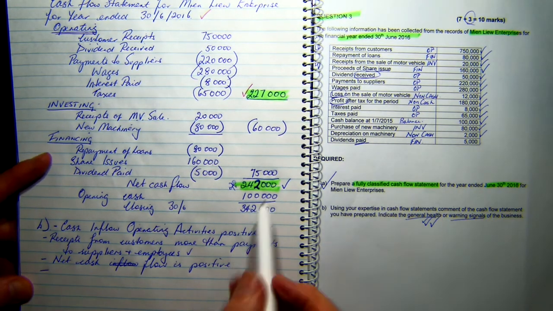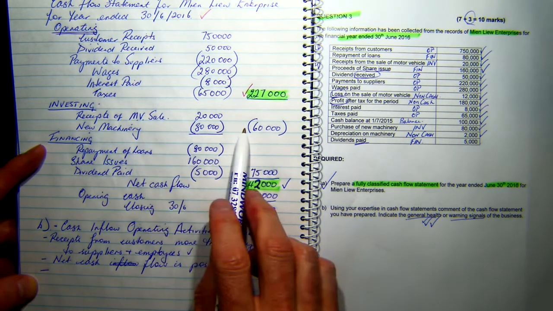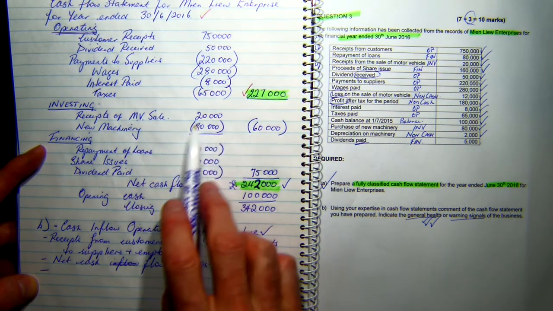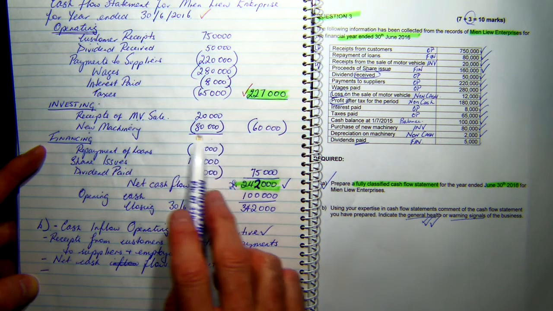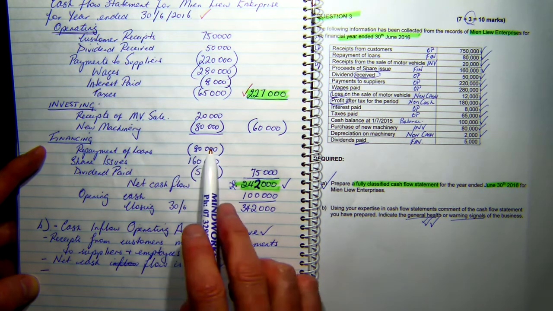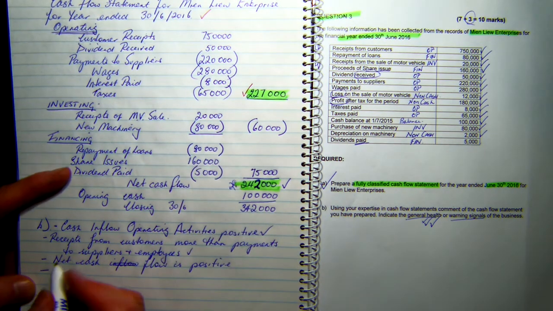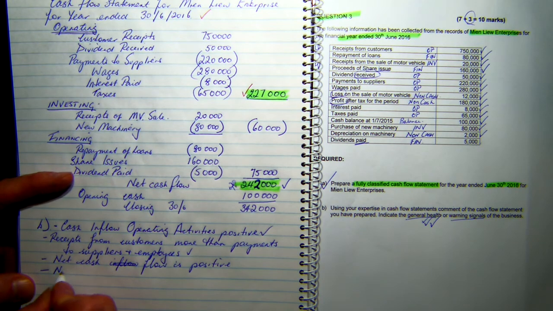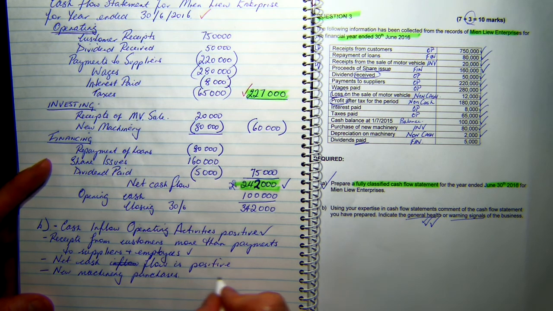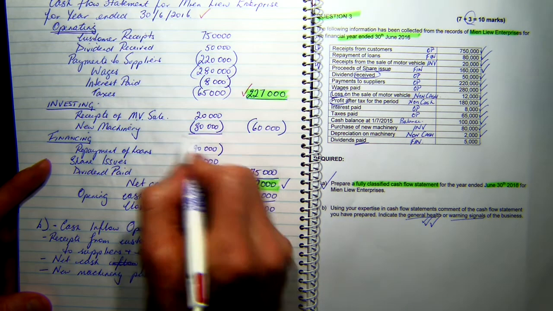What have we got now? Let's have a look at our investing activities. We're buying new machinery. So that's a good thing. We're selling some old stuff and we're buying some new stuff. We're using the loans, obviously, to buy new stuff. New machinery purchases. So this indicates to me that the business is obviously looking to make money by buying new machinery.